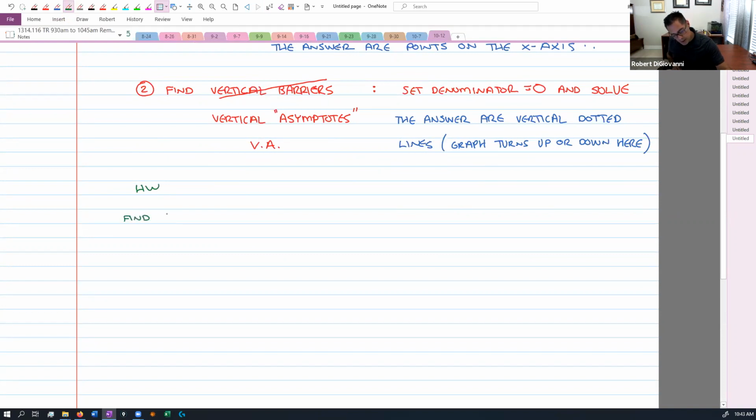Find the x-intercepts and the vertical asymptotes for, okay, problem 1. f of x equals 2x minus 4 over x squared minus 6x.